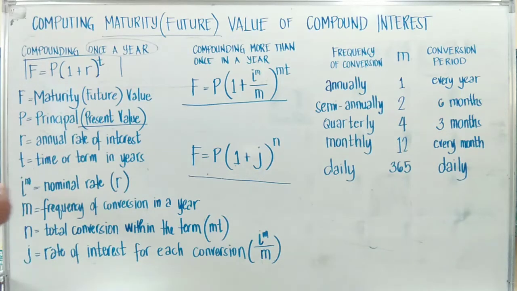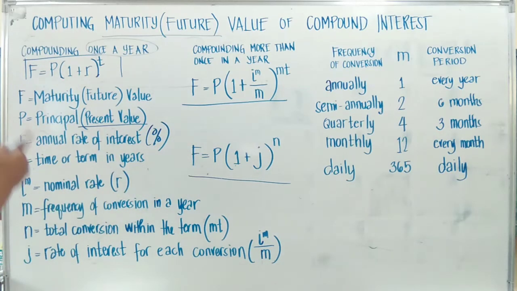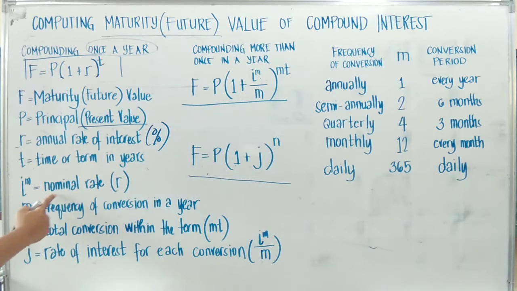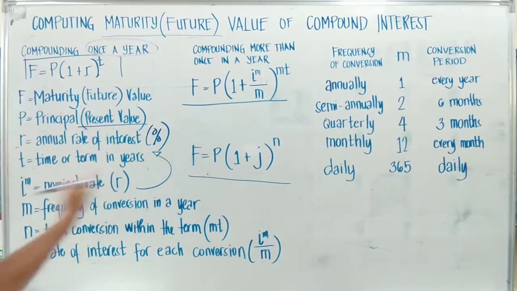Now let's proceed to r. This r is the annual rate of interest, your ordinary rate of interest, usually in percent form. Then we have t, for time or term in years. Then i to the m is your nominal rate, just like your annual interest rate.